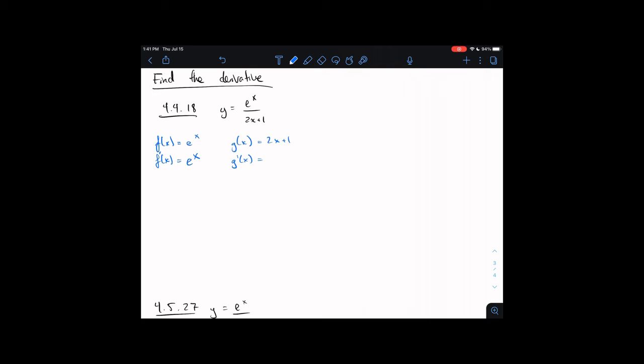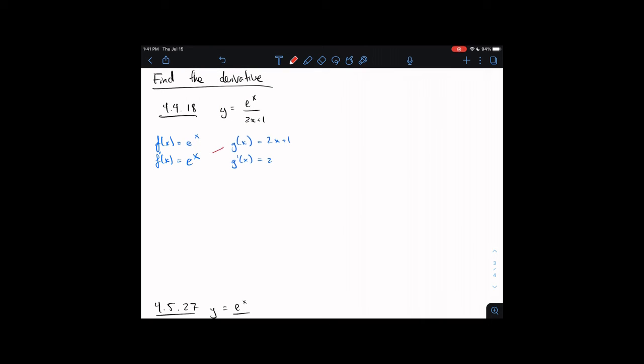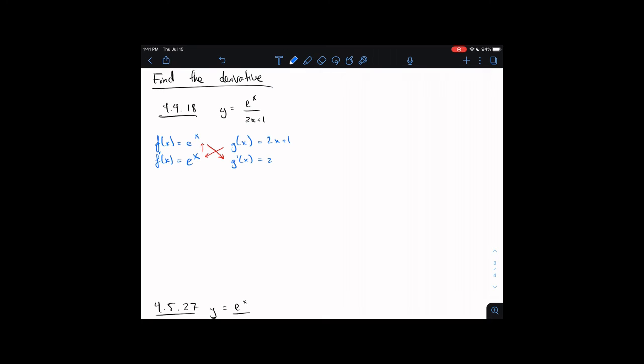Now g prime of x, this is just using the power rule. It's just 2. So this should be fairly simple. Now we're going to go in this order. Let's write it in red. From here to here to here to here. And then we square the bottom.